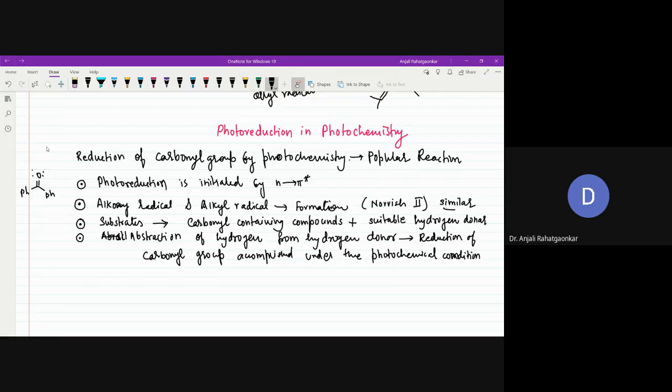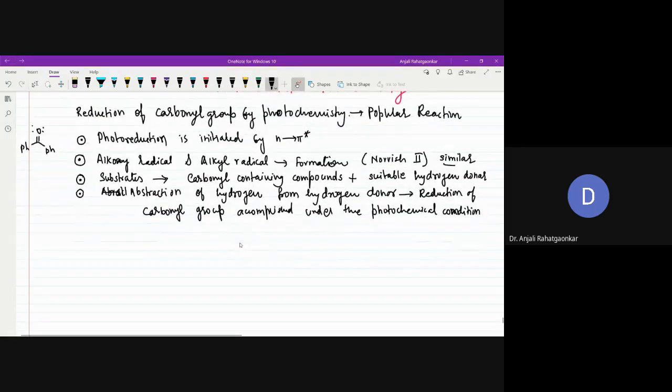So let us see the general representation of the reaction. It looks very simple, but again I always tell you that a photochemical reaction requires a lot of basic knowledge. What we think will never happen, because several basic concepts are involved in this reaction.